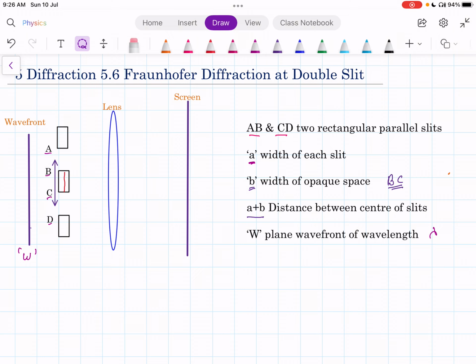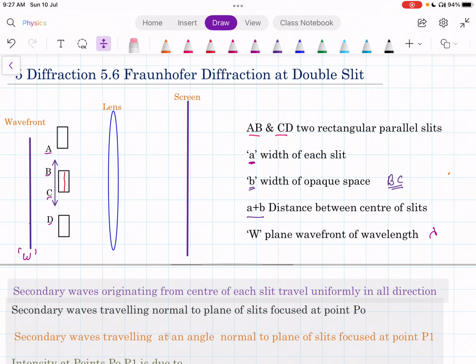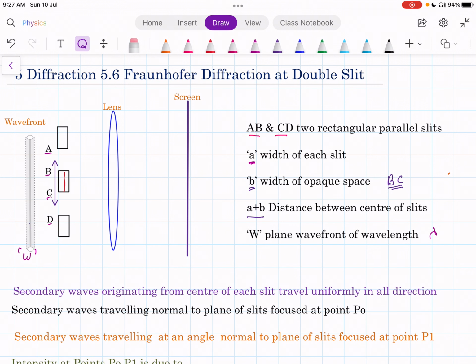Now, when this plane wavefront is incident on these two slits, as these two slits are parallel to each other, at the same time this plane wavefront will be incident on both slits AB and CD. Then, according to Huygens principle, each and every point in the plane of both the slits acts as a secondary source and emits secondary waves in all directions.